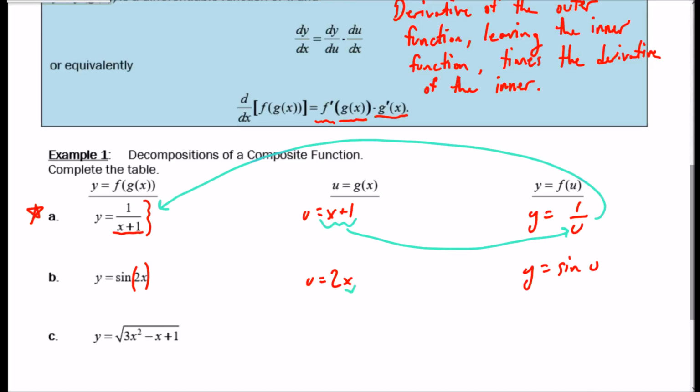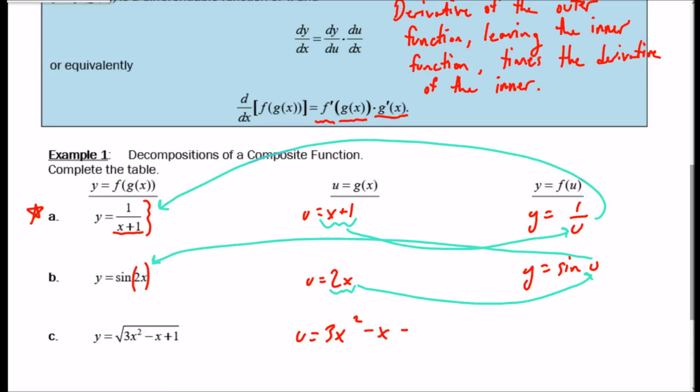If I take this 2x and plug it in for u, I will end up back with my original sine of 2x. On 1c, our inner function is u equals 3x squared minus x plus 1, and then my outer function is the square root function, so the square root of u.